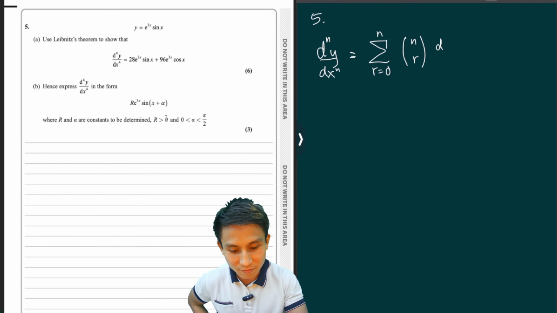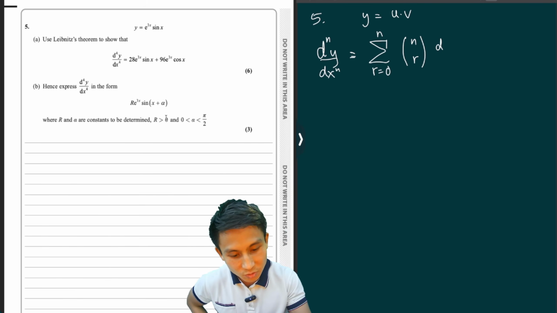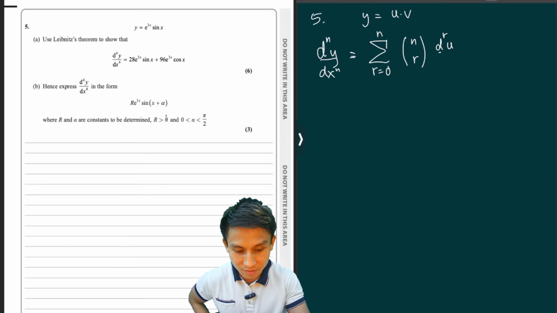So if y is u times v, where u and v are both functions of x, we have the rth order derivative of u first, times the n minus rth order derivative of v, like that.